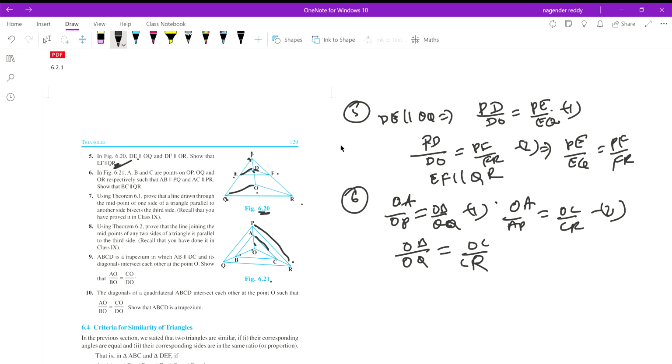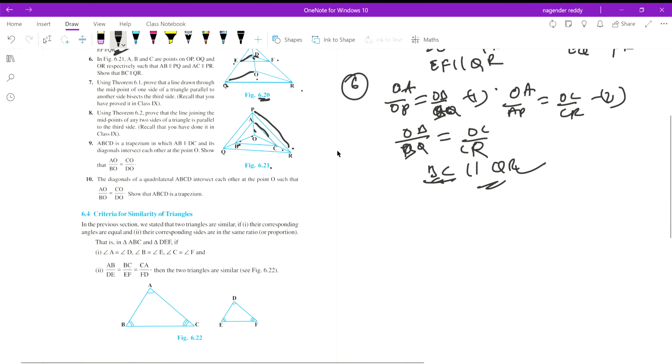By the converse theorem, we can write that BC is parallel to QR.